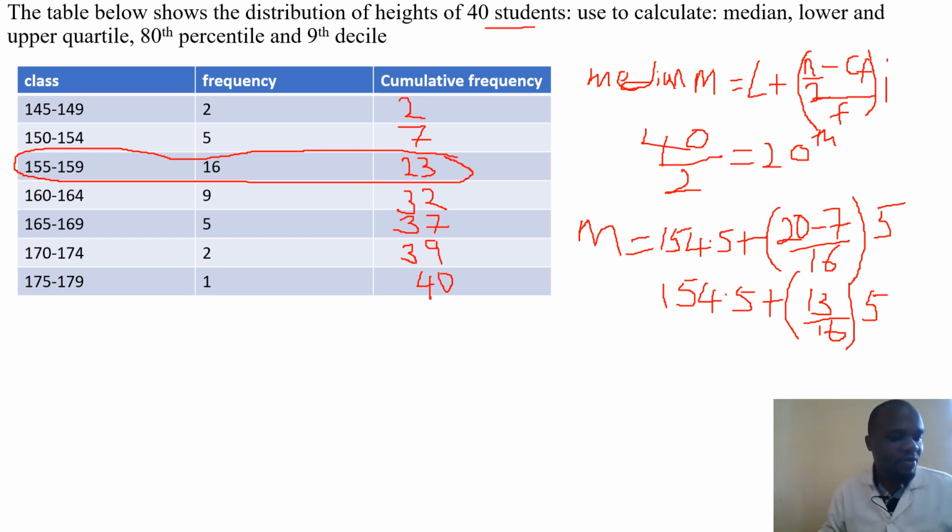When I do it with my calculator, this gives us 154.5 plus 4.00625.